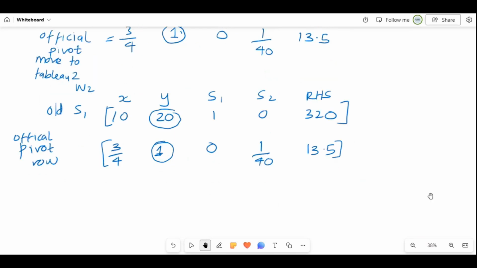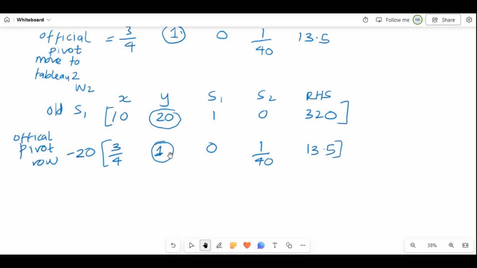I know that the coefficient of y in S1 is 20 and this is 1. So if I want to end up with 0, then I can multiply everything here with negative 20. Negative 20 times 1 gives negative 20, so that 20 minus 20 will be 0.